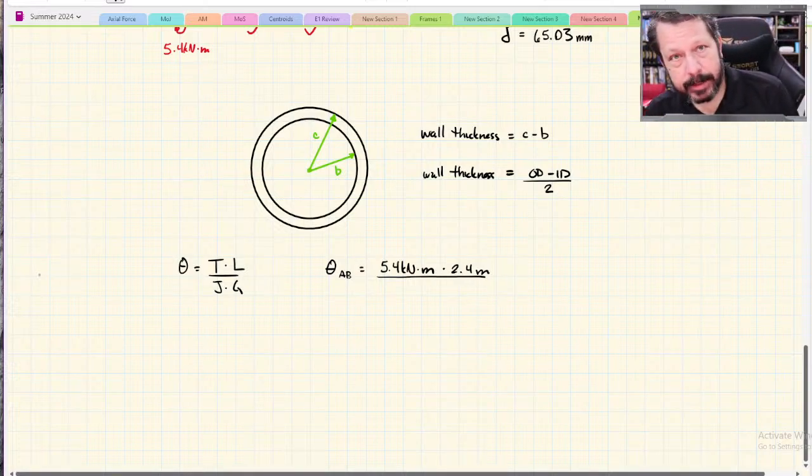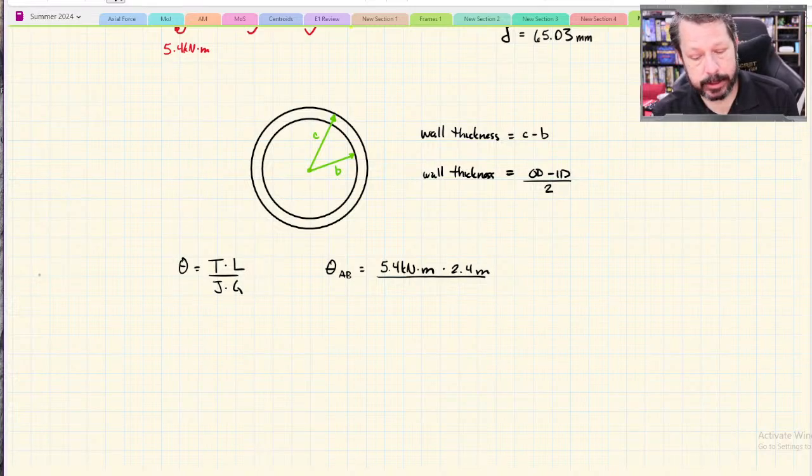And they all have the same material, and they all have the same polar moment of inertia. So the denominator for all of these equations is going to be the same. The only thing that's going to change is T. So L, J, and G are the same for all of these. In fact, we could figure out what L over JG is, and that could just be multiplied times all these different T's.